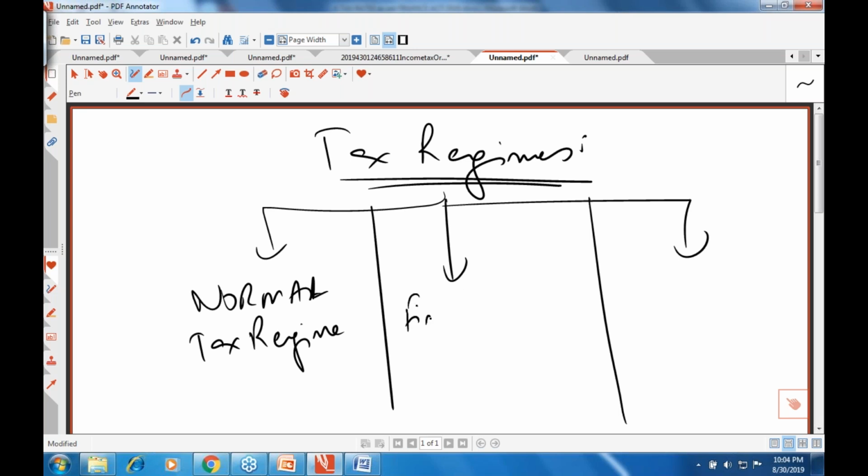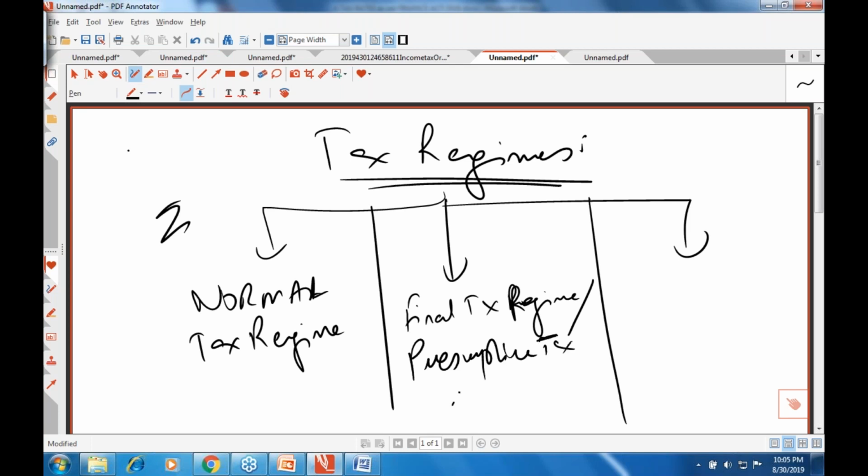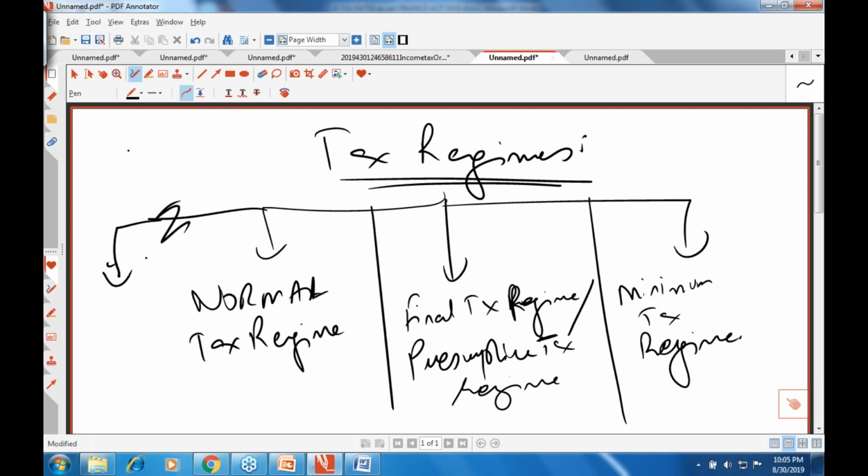The other is termed the final tax regime, which we also call the presumptive tax regime. Then there is the minimum tax regime, and there is another concept which is called the separate tax regime.